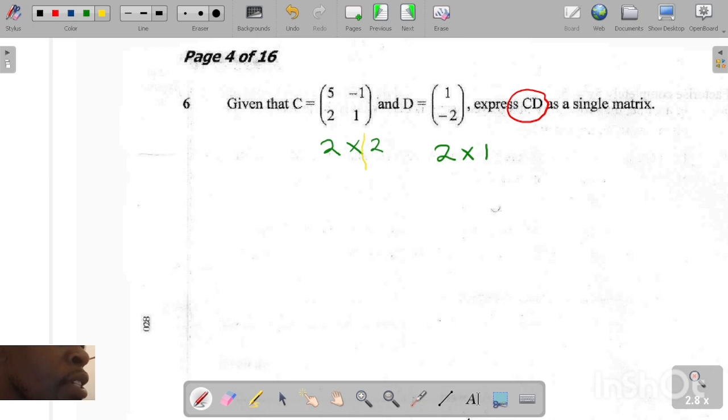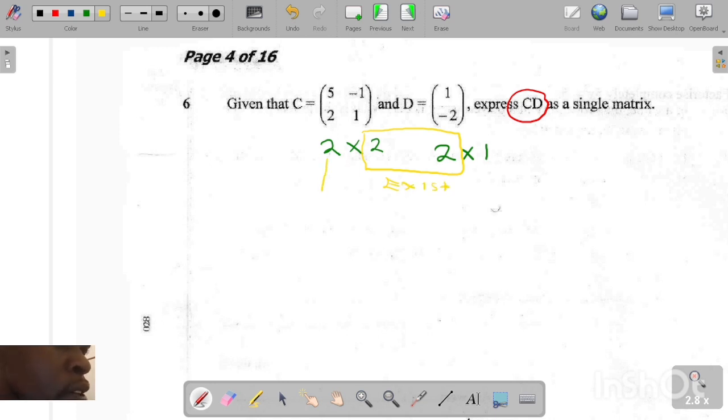When the inside numbers are the same, it shows that multiplication between those two matrices exists. When the number of columns of the first matrix is equal to the number of rows of the second matrix, multiplication exists.